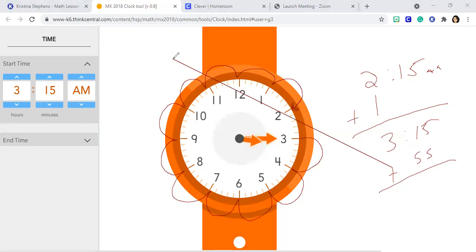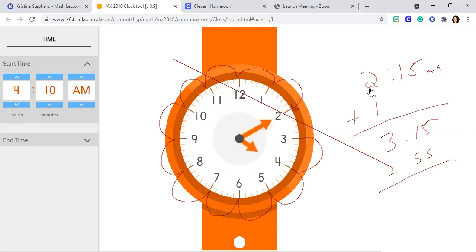So we've gone past that hour again. And I'm going to move my time to show you what I did here. So I did 5, 10, 15, 20, 25, 30. And I'm not even looking over there at the left yet. 35, 40, 45, 50, 55.